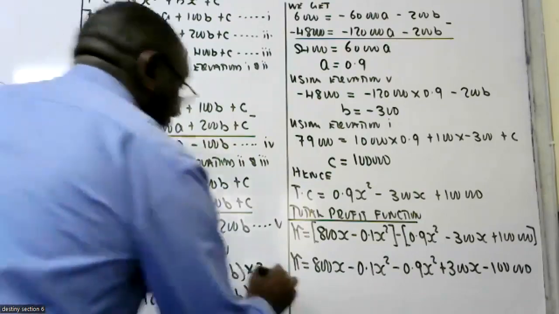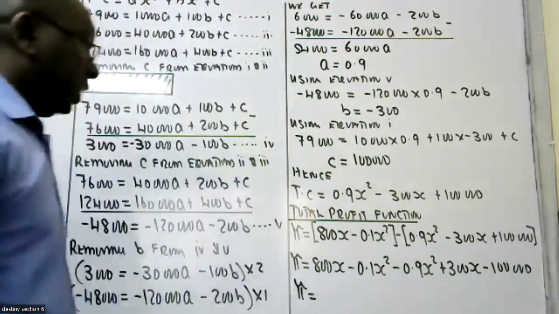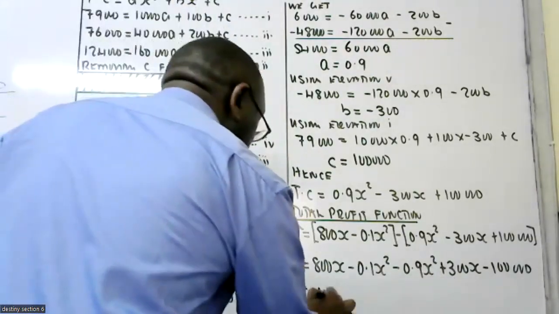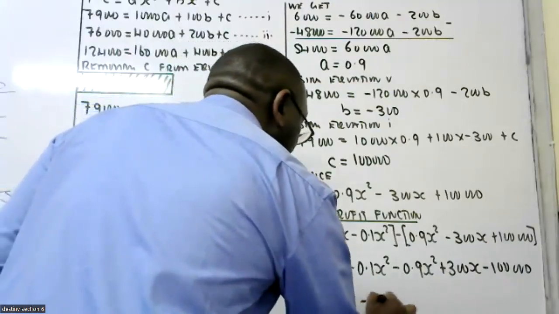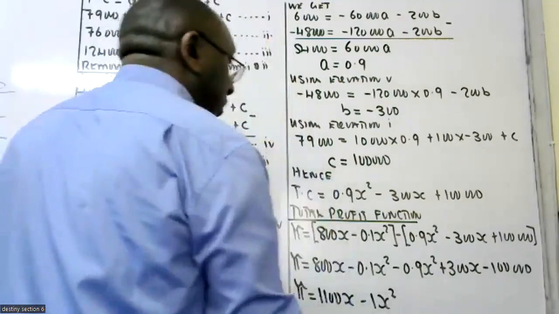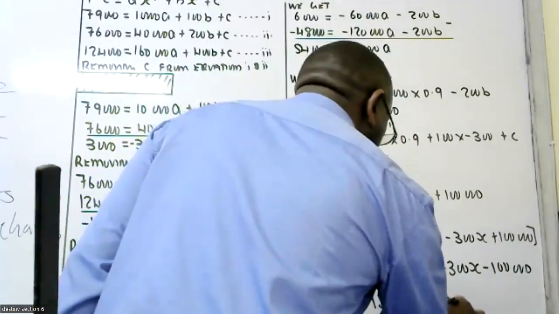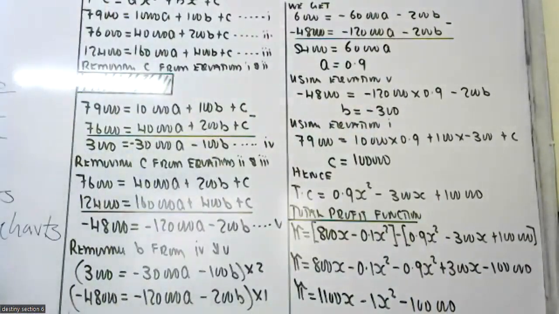Putting like terms together, 800 combined with 300 gives 1100x, and this becomes minus 1x squared, minus 100,000. So that is the profit function.